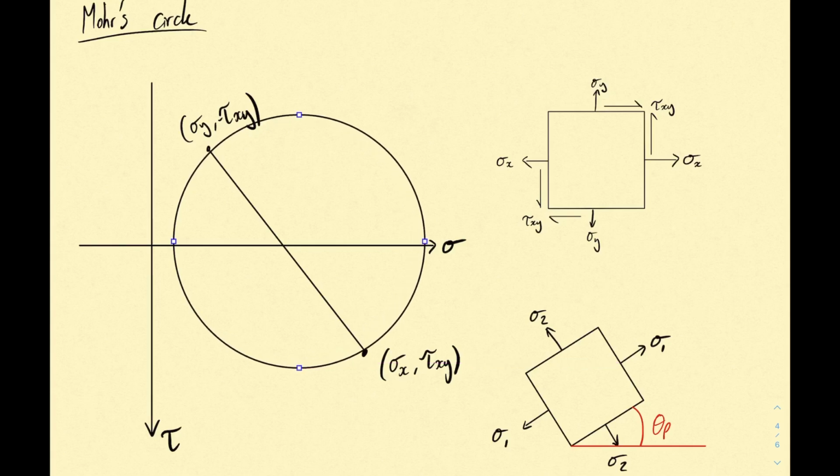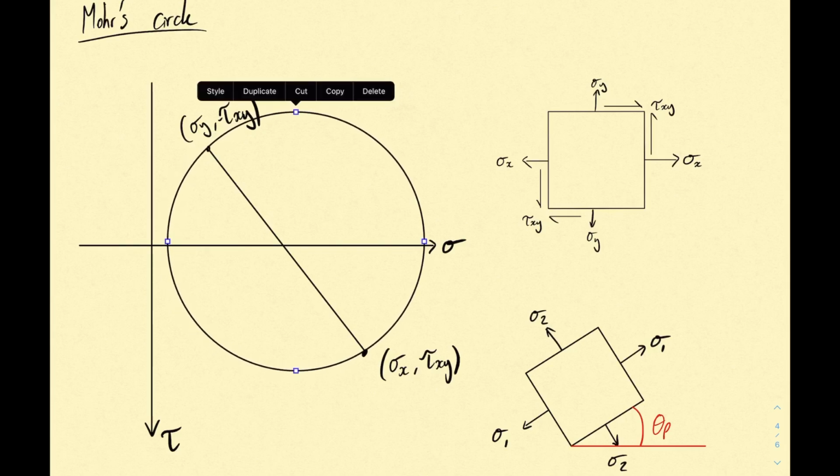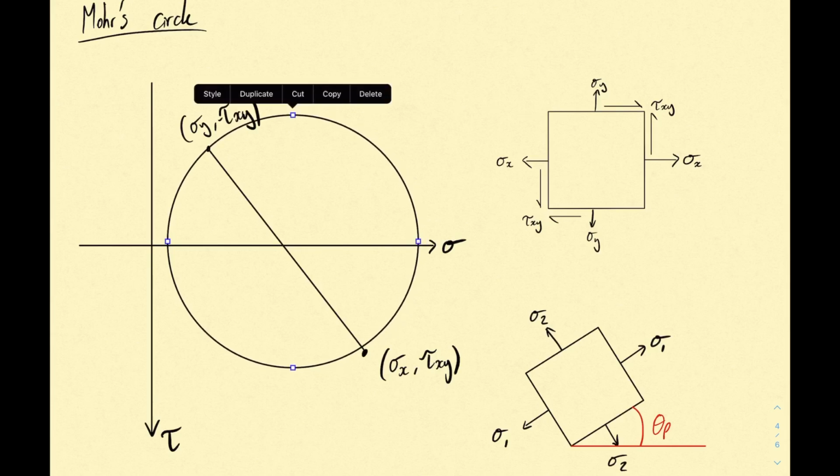And this is obviously a useful thing to do, because now, diagrammatically, well, Mohr's circle has been quite badly drawn, but anyway, you can diagrammatically obtain some of these key stress values, like your principal stresses and your maximum and minimum shear stresses.